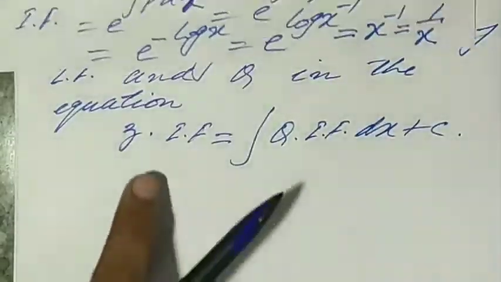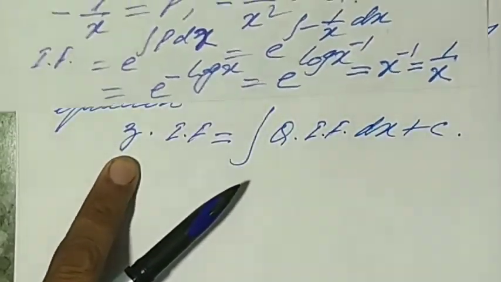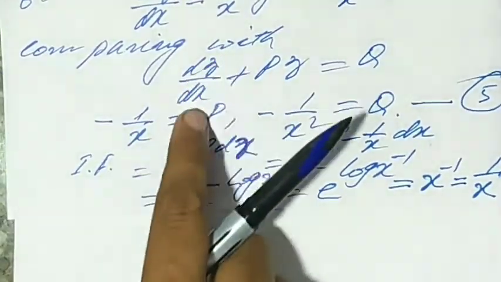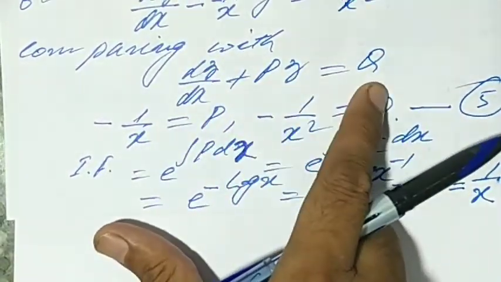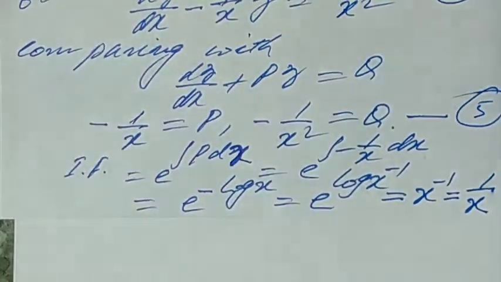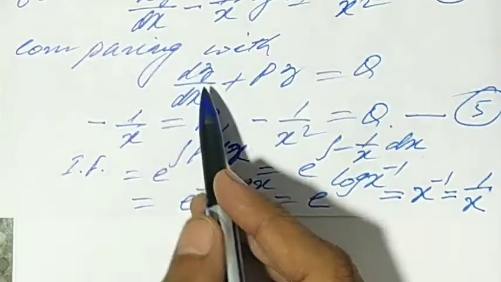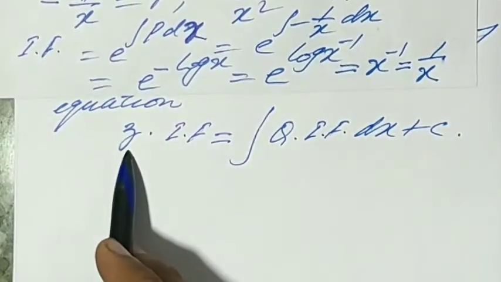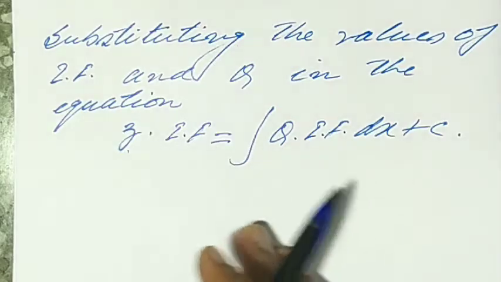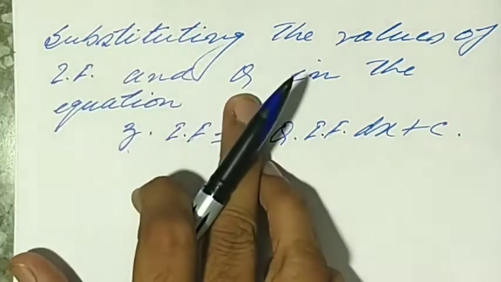And be careful, there should be z instead of y, because the linear differential equation is of the form dz/dx + Pz = Q instead of dy/dx + Py = Q. So the variable is changed now. In place of y we get z over there. So this is the equation in which we have to substitute the integrating factor and Q.